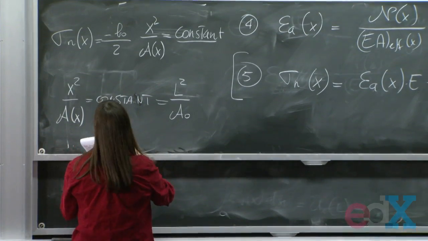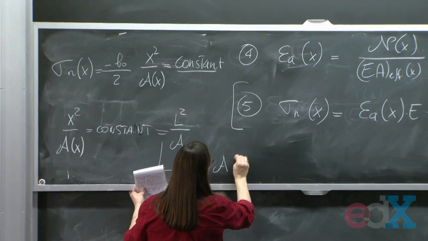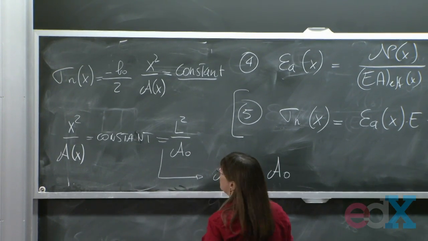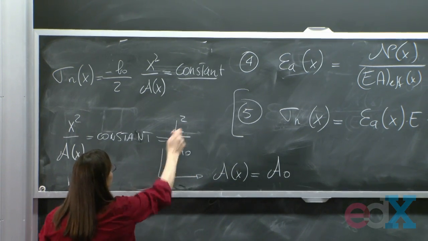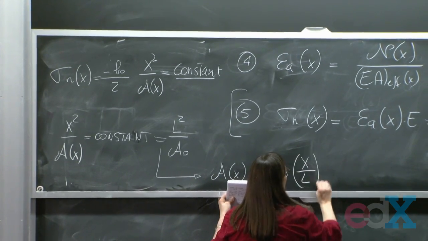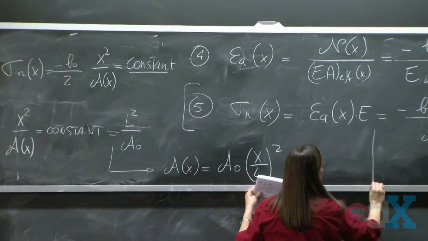So out of that, I get that my A of x is simply equal to A0 x squared over L squared. So what does my bar look like?